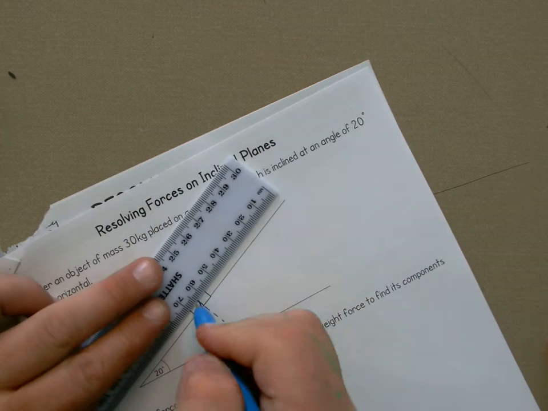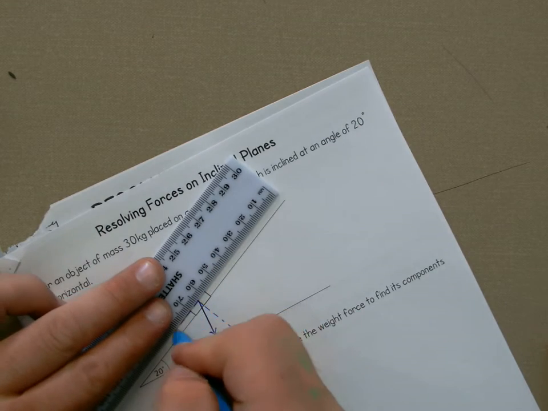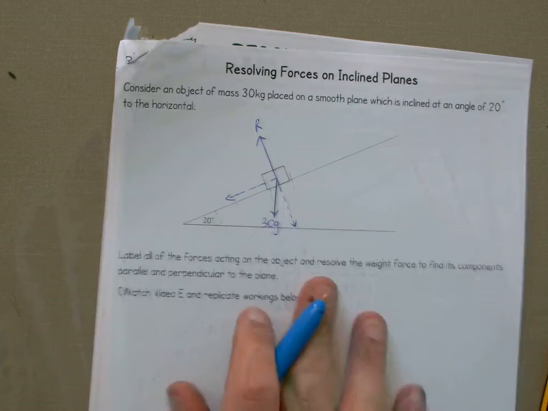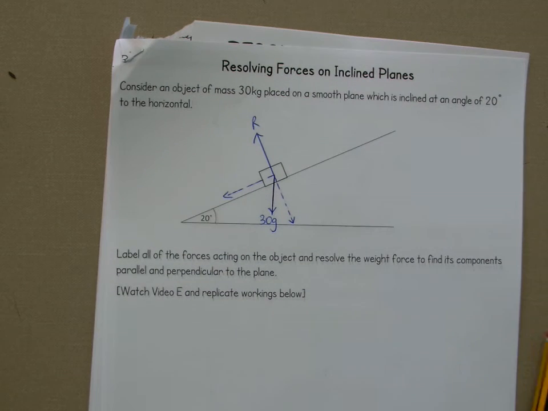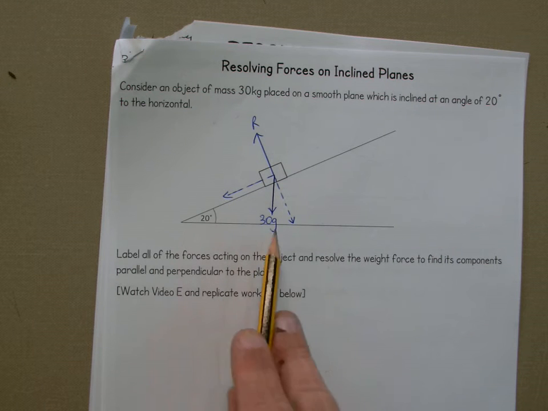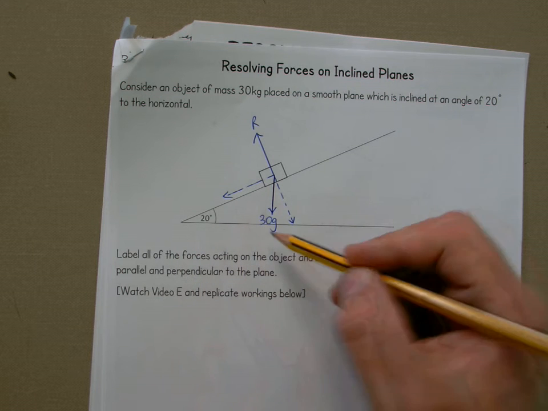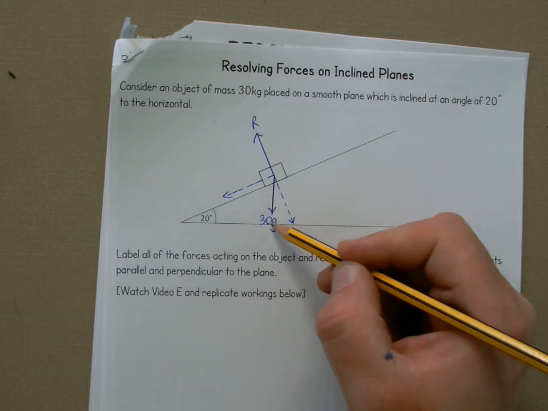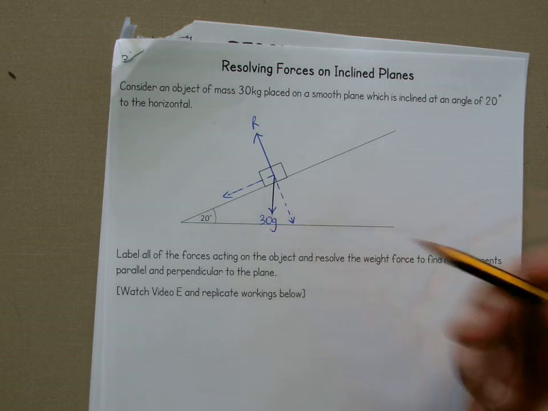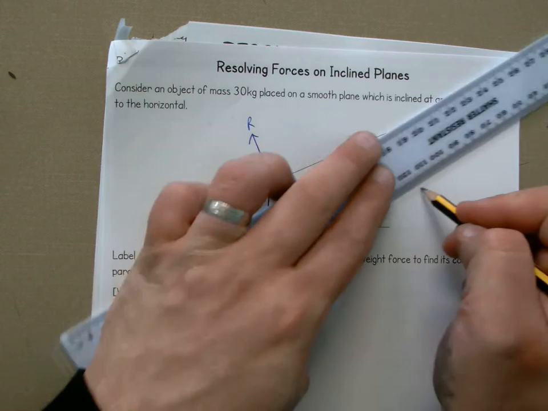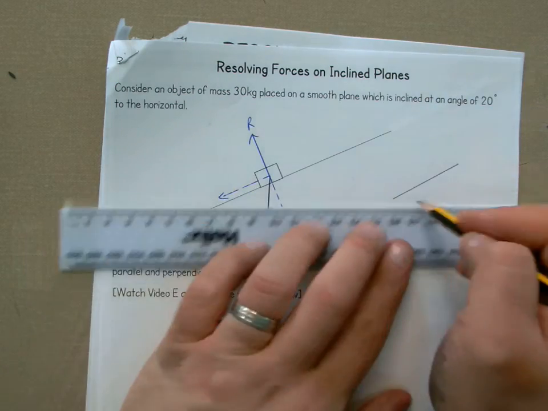So what I'm going to do now is draw a dotted line here parallel to the plane, like that. Before we do it, we need to understand a couple of things about angles here. If you notice, that is almost forming a triangle. If that line carried on down, this would be a right angle triangle. So with this right angle triangle, maybe I'll draw it over here so it's a bit clearer.